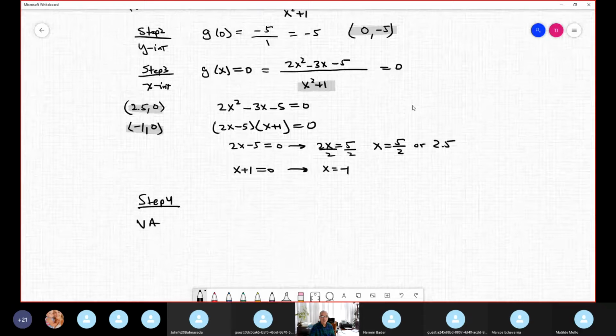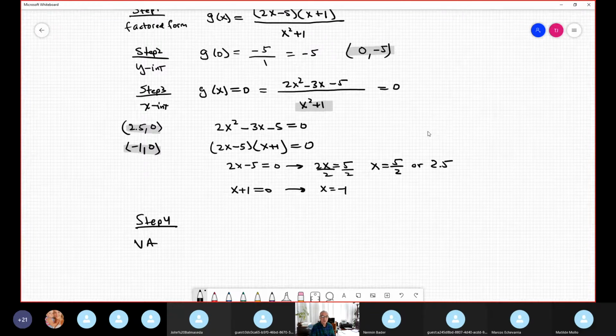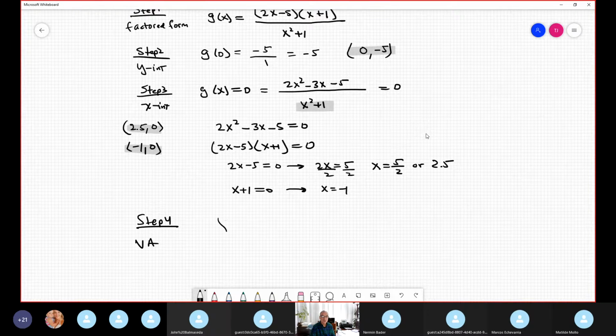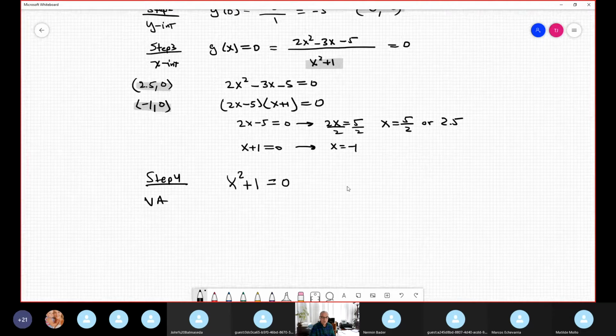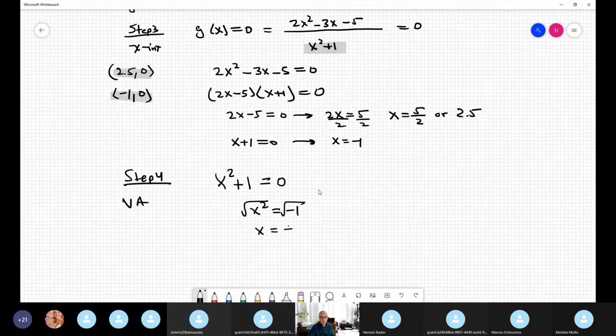Well, you take the polynomial in the bottom, x squared plus 1, and you force it to be 0. I did this before. The answer is imaginary, you see, plus or minus i. Okay, you take x squared equal to negative 1, square root both sides, x is equal to plus or minus i.